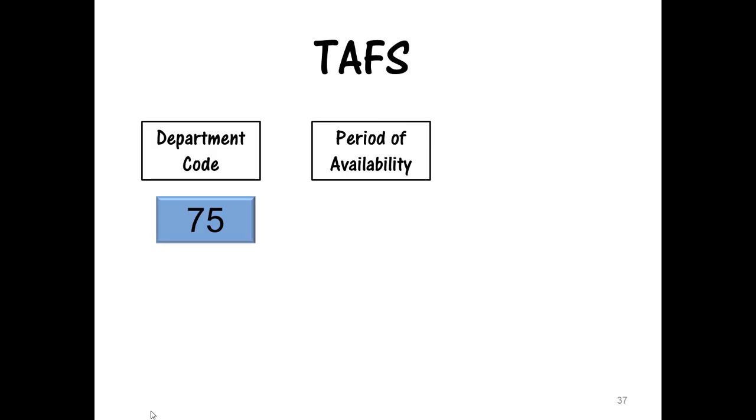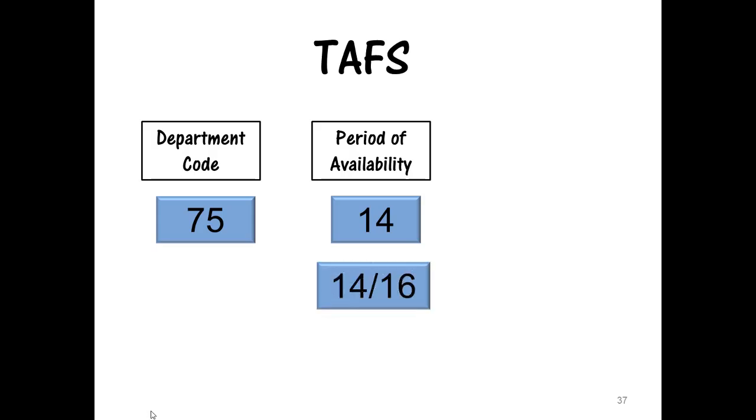A period of availability, or POA, which is the length of time the funds are available for obligation as stipulated in the appropriating language. A single year or annual period of availability is designated by a 2-digit fiscal year in the TAFs. A multi-year availability is designated by separating the first year of availability from the last by a slash.